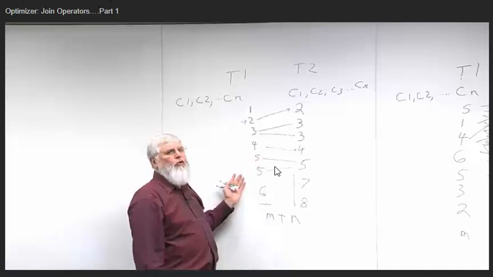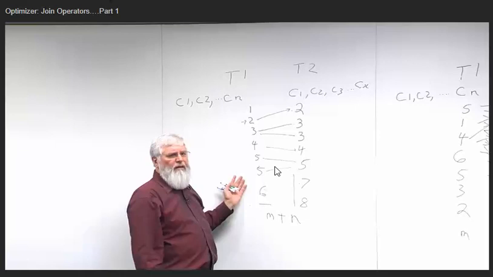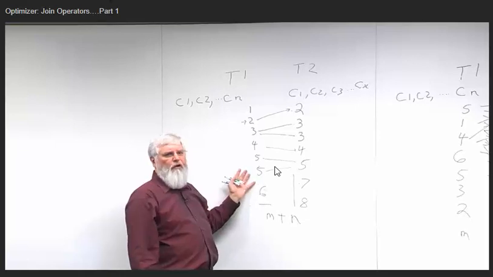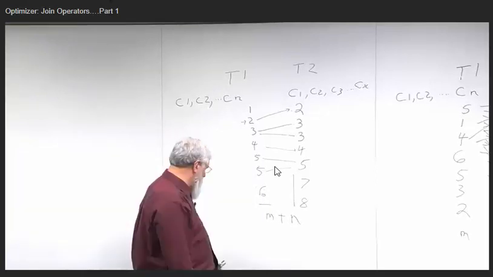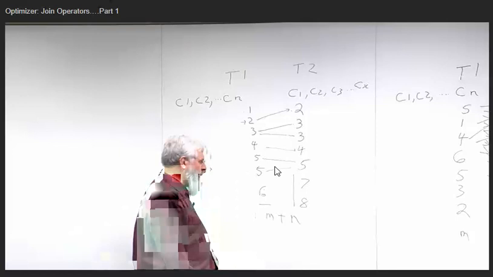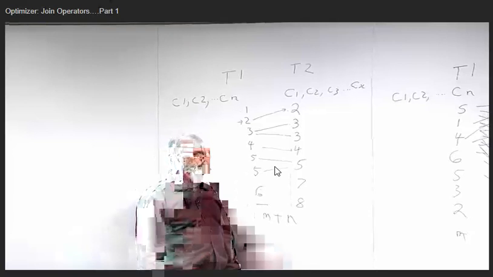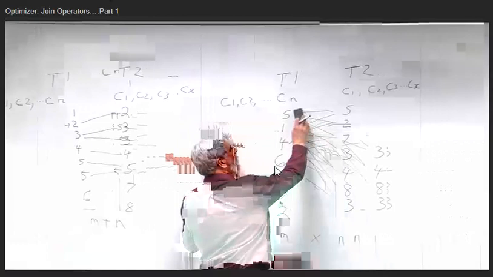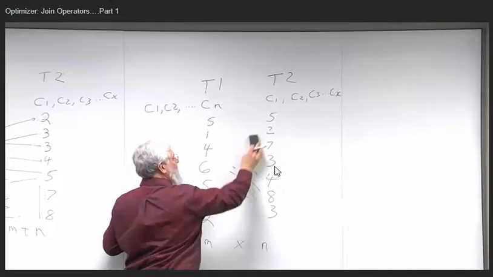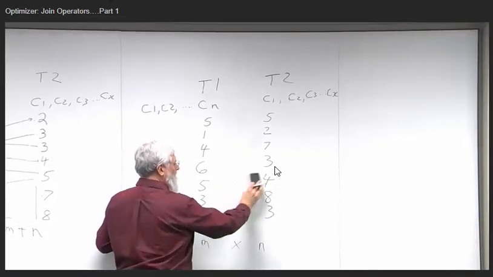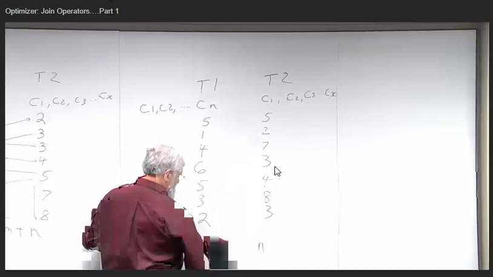So I'm going to move back to the original board, do a little bit of cleanup on it, and we're going to talk about it. Now, in this case, what happens if we had an index on C1?